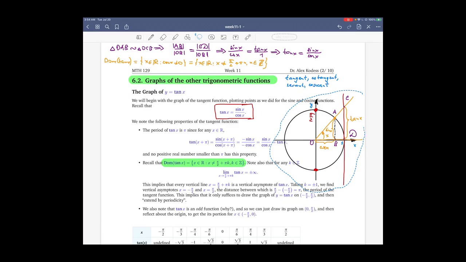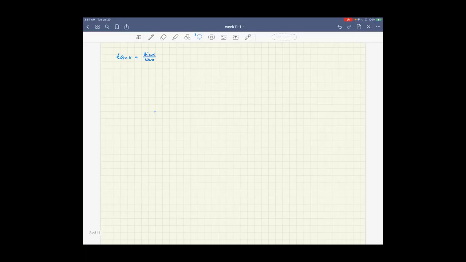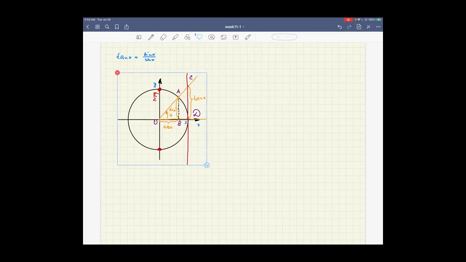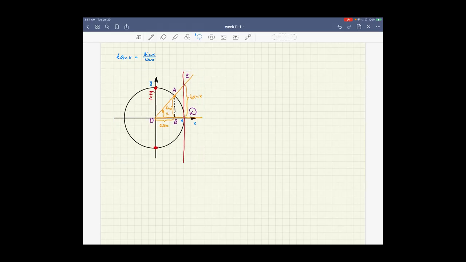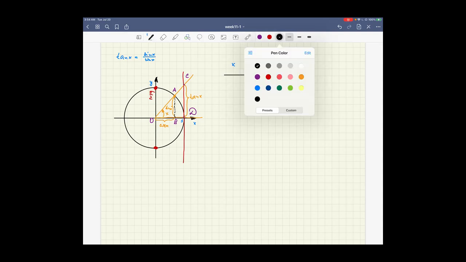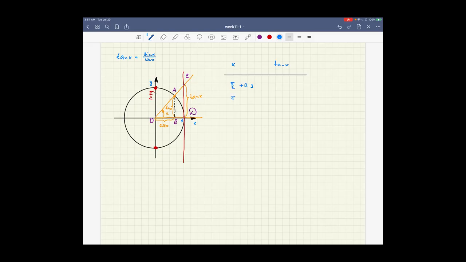Consider the following table of numbers. Let's say we're taking x to be pi over 2 plus 0.1. What will be the value of tangent x? Then take pi over 2 plus 0.01.